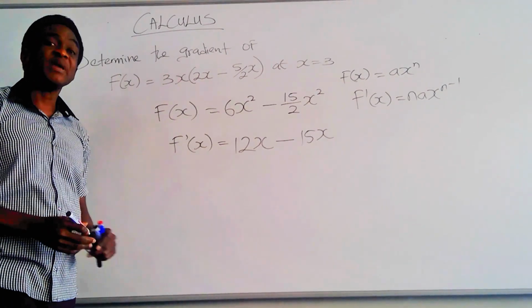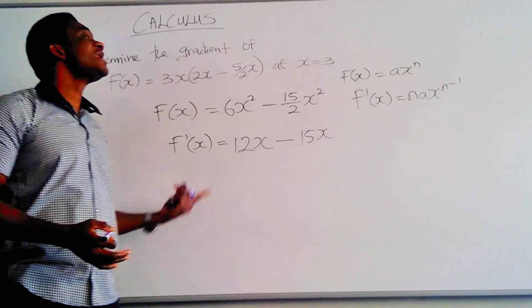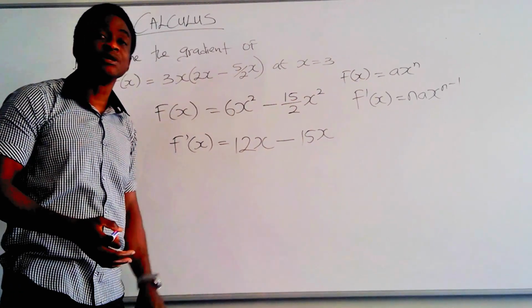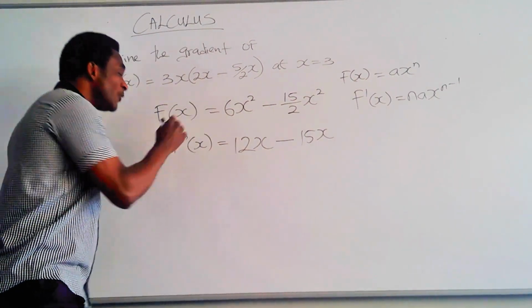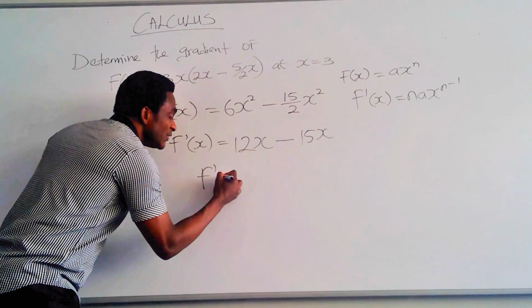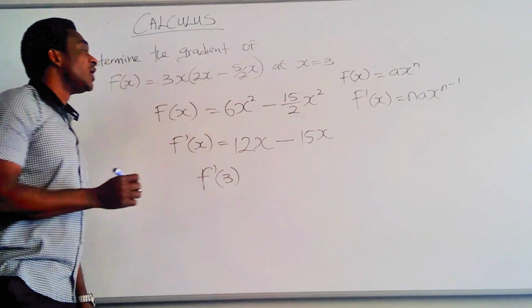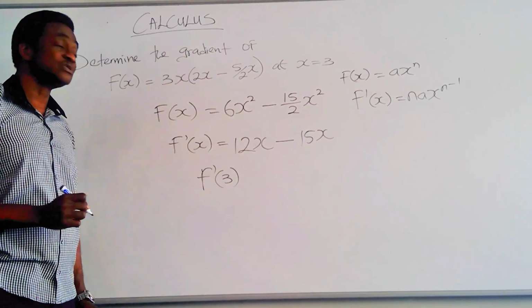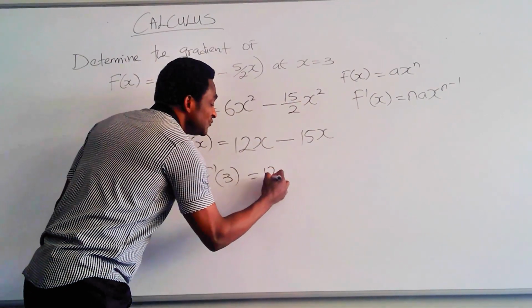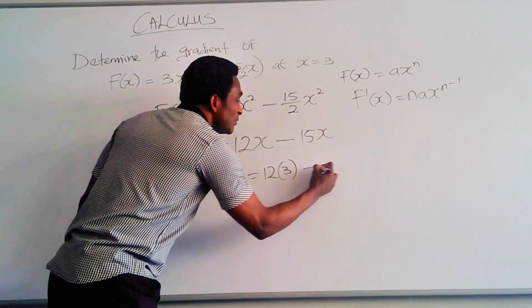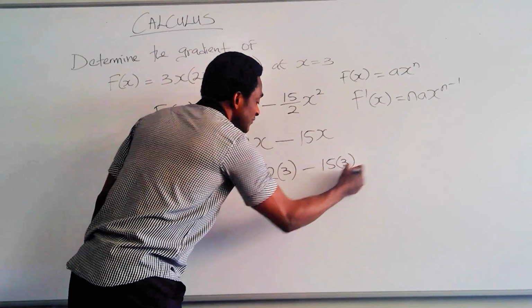And that is the first derivative of this function. They didn't just ask us for the first derivative or for the gradient. They said when x is equal to 3, what will that be? So when x is equal to 3, we will have the first derivative of this function at x equals 3. That means we'll have 12 times 3 minus 15 times 3.